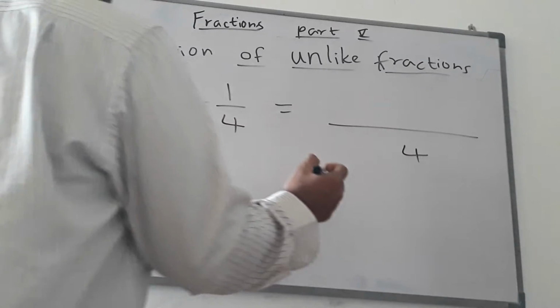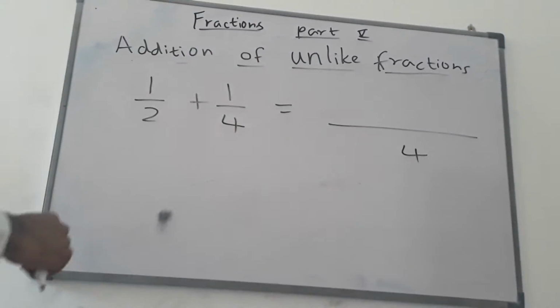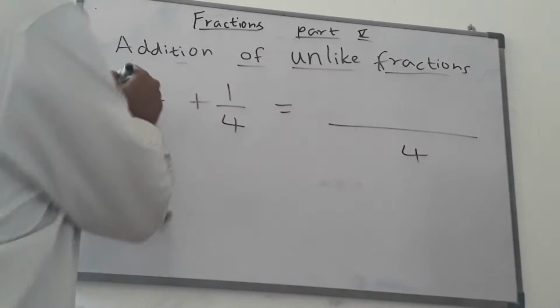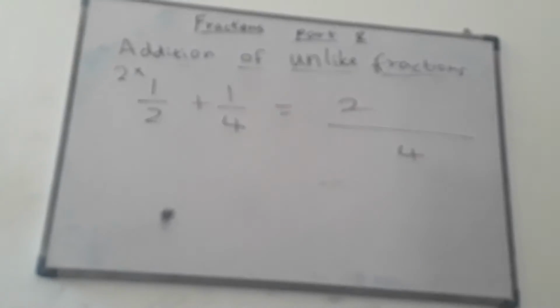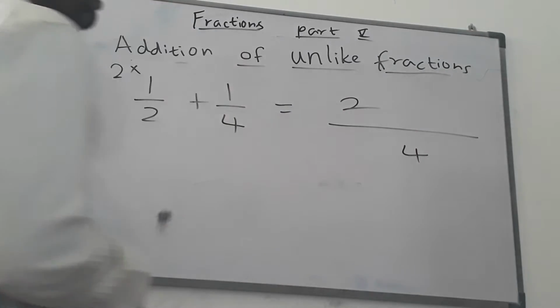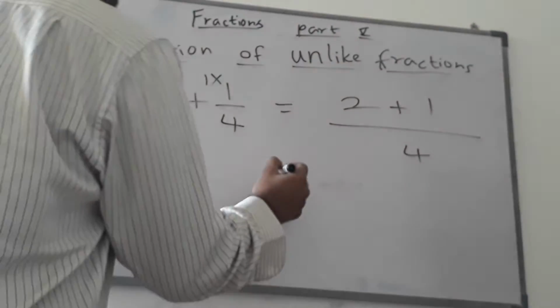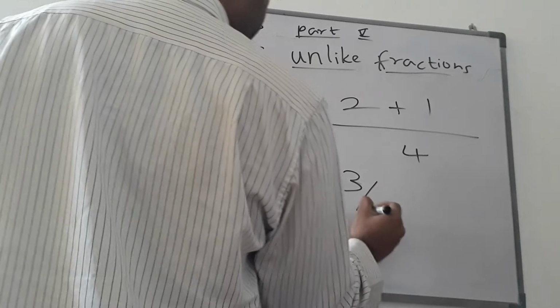Now we multiply this 2 by 1, which is equal to 2. Then we find how many 4's are there in 4. 1 four. Then 1 times 1 is 1. So the answer is 3 out of 4.